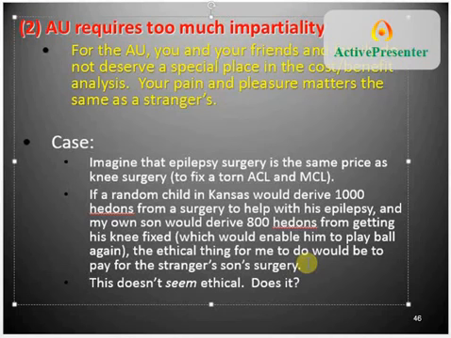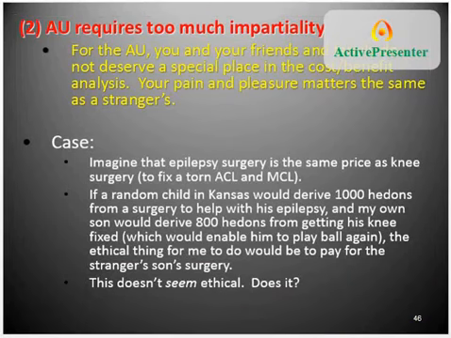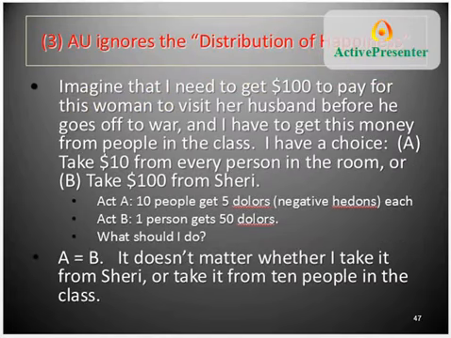Okay? So the moral thing to do for an act utilitarian is to pay for the stranger's surgery. Problem is, wait. This doesn't seem right. It seems like we should actually be partial and take care of our own. We have certain duties as parents. But with act utilitarianism, there's too much impartiality. All right.